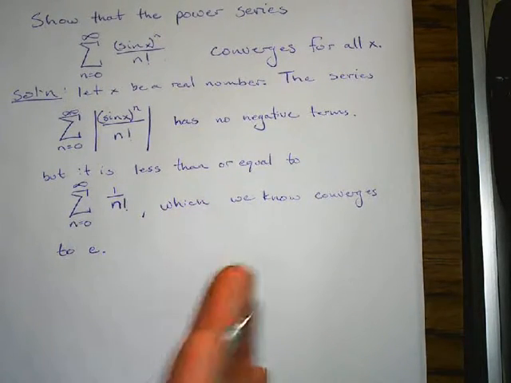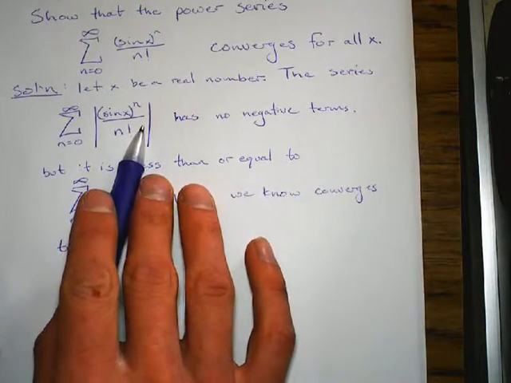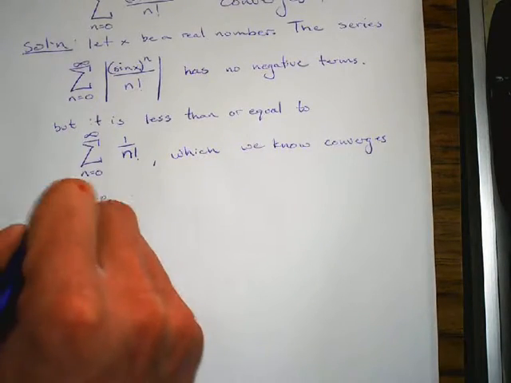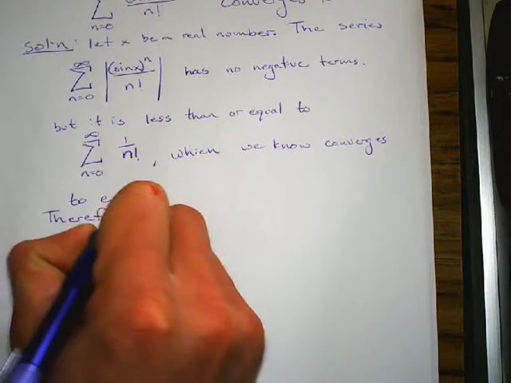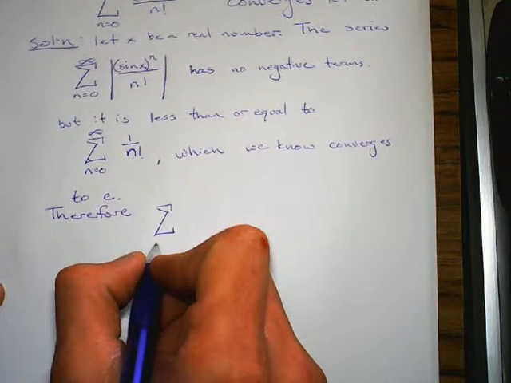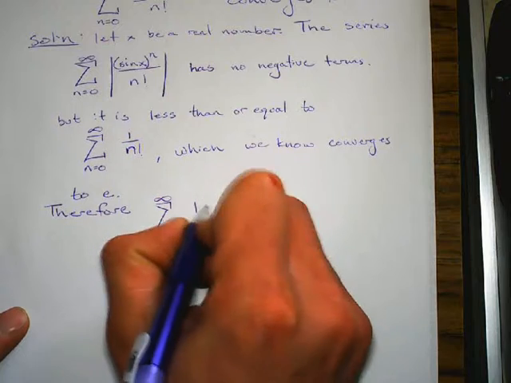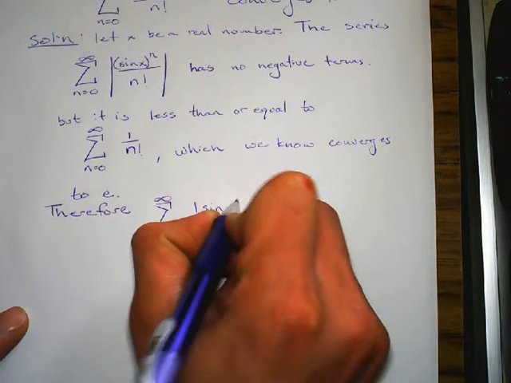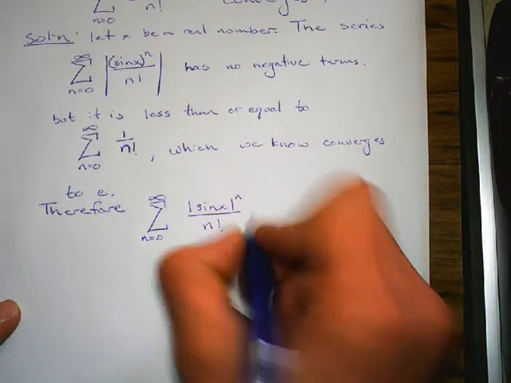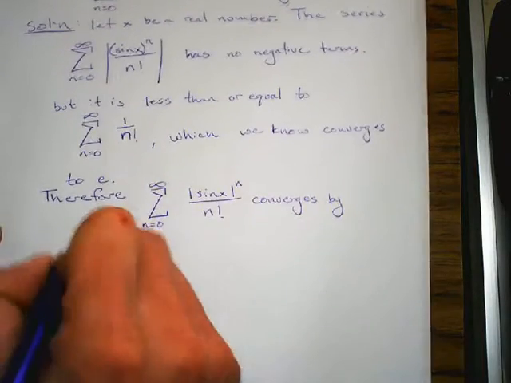Okay. Now, we're not quite done yet. We do know that the absolute value of our function converges, and now we're going to conclude that the whole thing converges. To do that, I'm going to say, therefore, the sum from n equals 0 to infinity of the absolute value of sine of x to the nth power over n factorial converges by direct comparison.